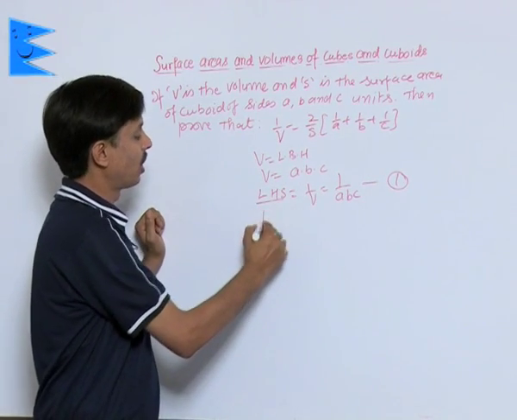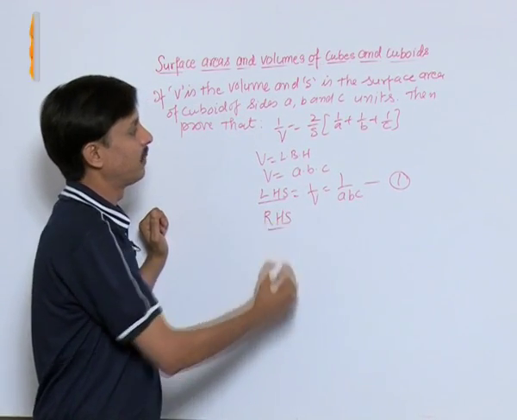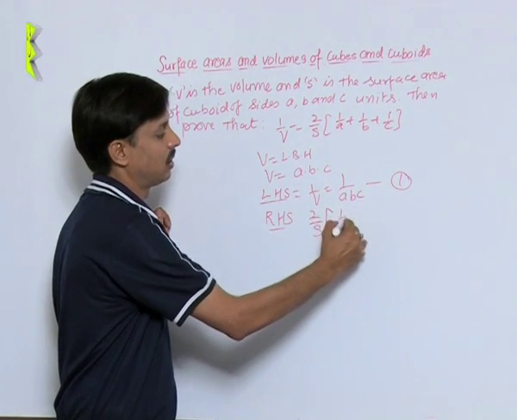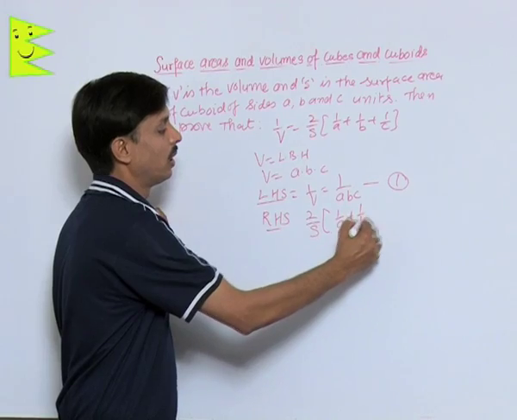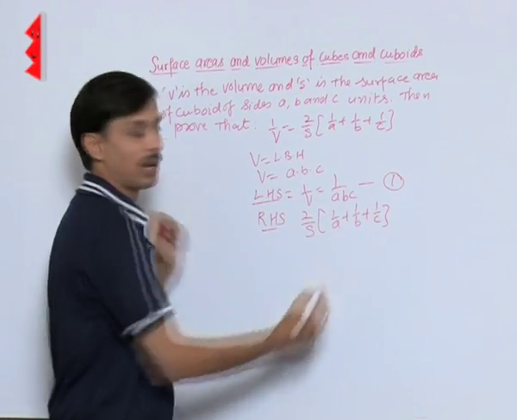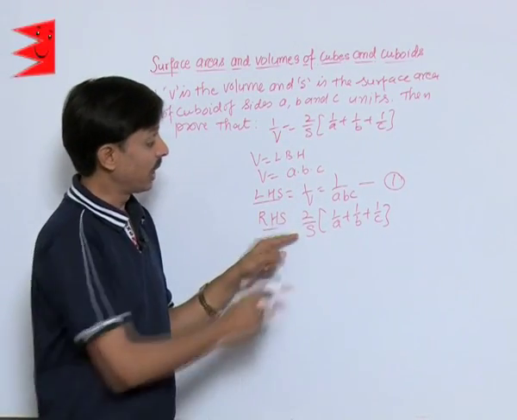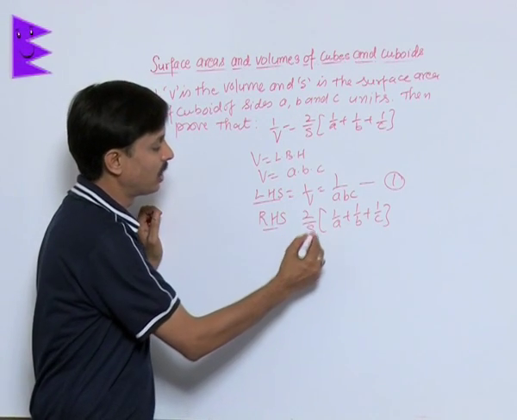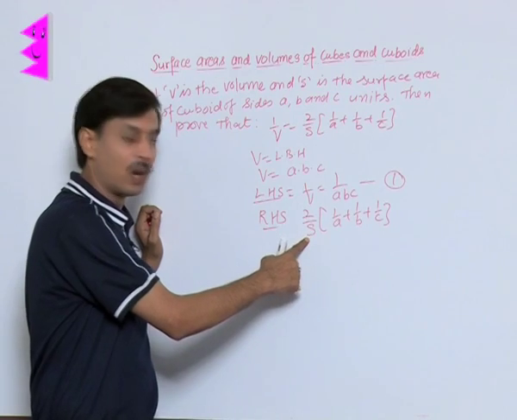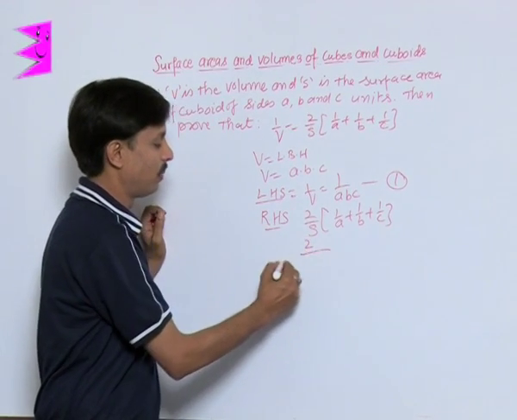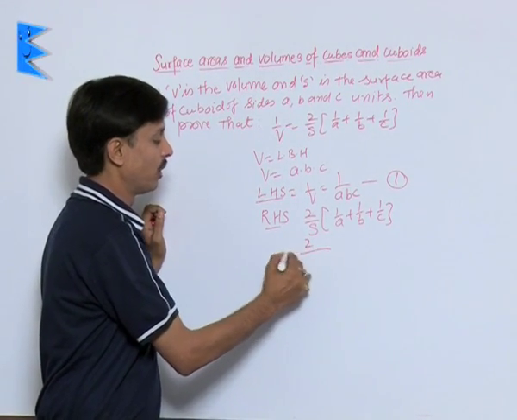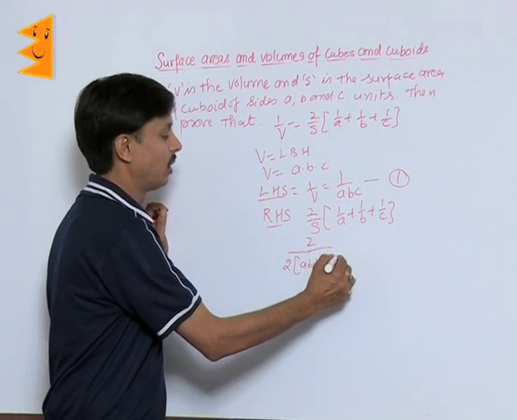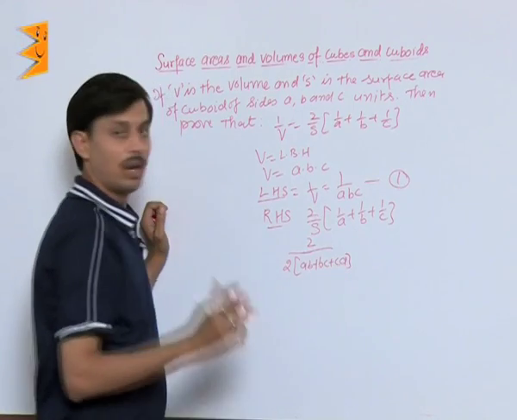Now if I talk about the right hand side, it is 2 upon S into 1 upon A plus 1 upon B plus 1 upon C. Here S stands for surface area, and you are very much sure that the surface area of a cuboid is given by 2 into length into breadth plus breadth into height plus height into length.